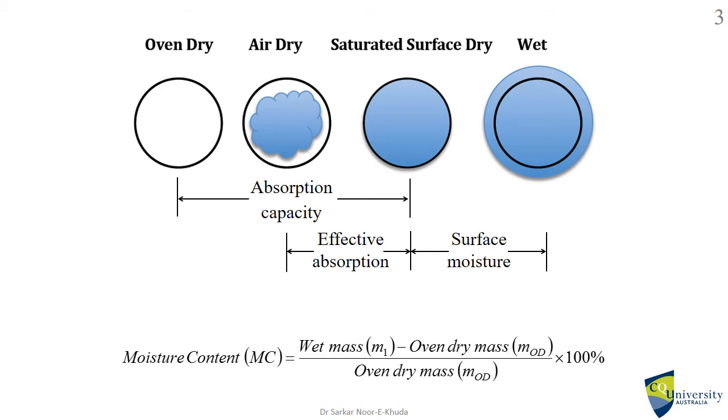The general term moisture content of aggregate is determined from the simple formula shown here as the ratio of mass of moisture to the mass of oven dry aggregate. It is expressed in percentage. The wet mass M1 shown in the formula may refer to any of the four states.